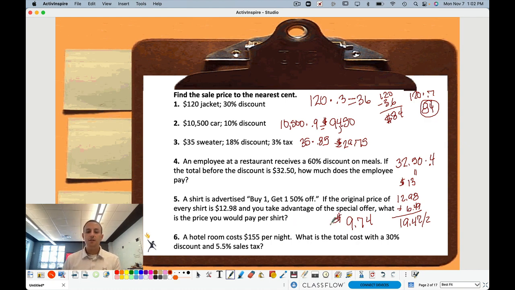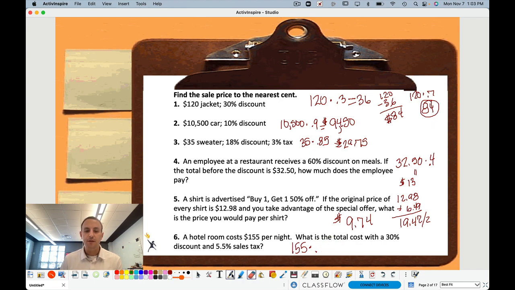If a hotel costs $155 per night, you get a total 30% discount. That's a great discount on a hotel room. But then you pay 5.5% sales tax. You're actually going to pay $155 times 0.76, or 0.745.